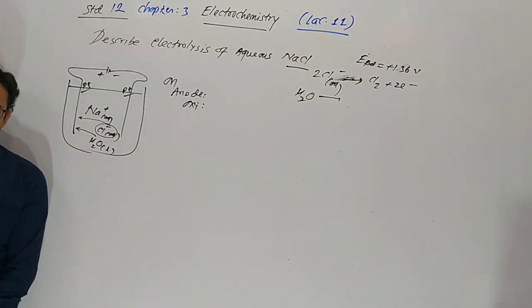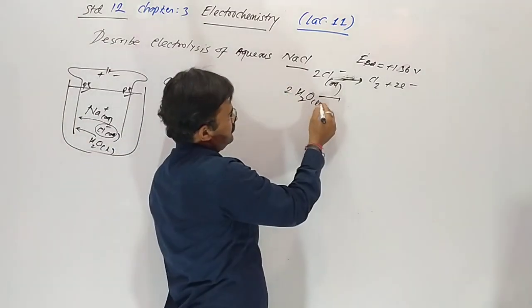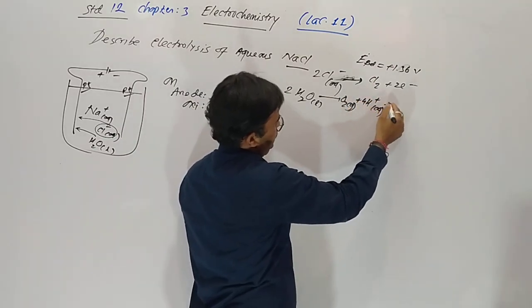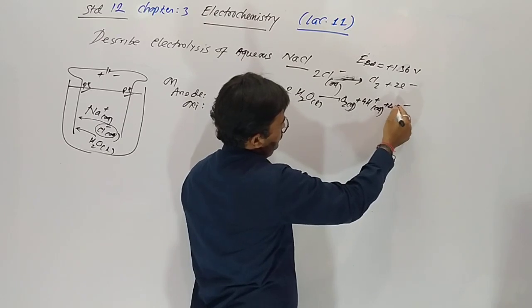And for water, 2H2O liquid gives O2 gas plus 4H plus and 4 electrons.